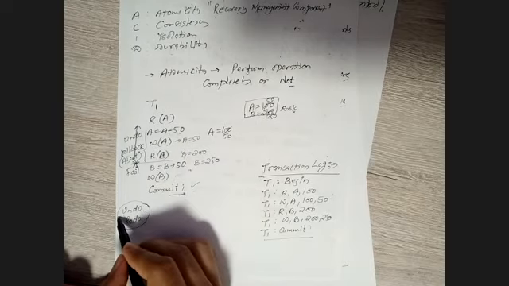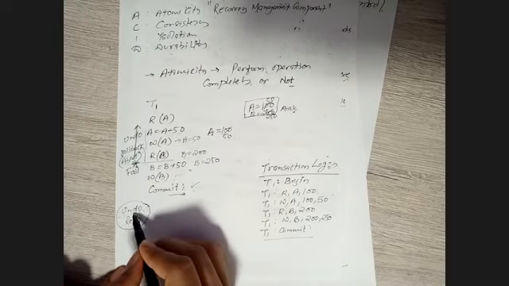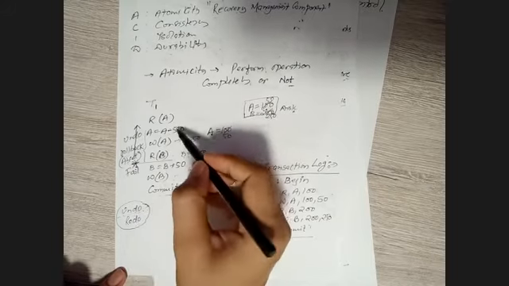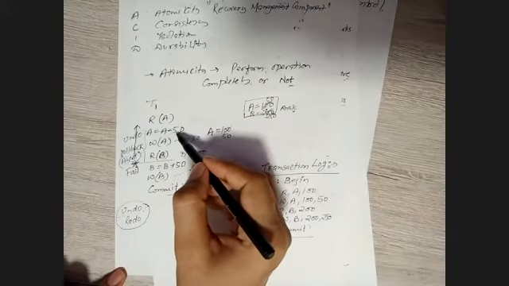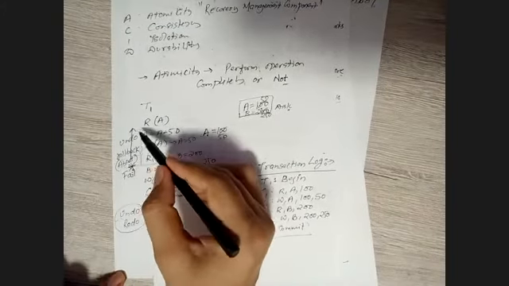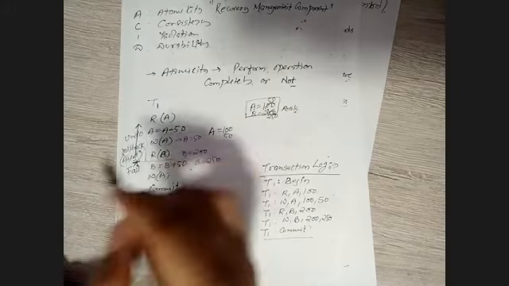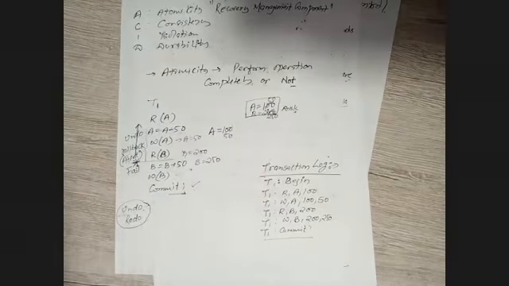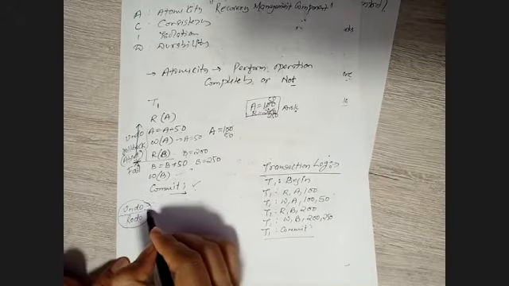Undo means whatever changes have been reflected, we are going to roll back. We are going to keep the original values, the same values as before the transaction started. We need to retain those values. This is done in the undo operation.